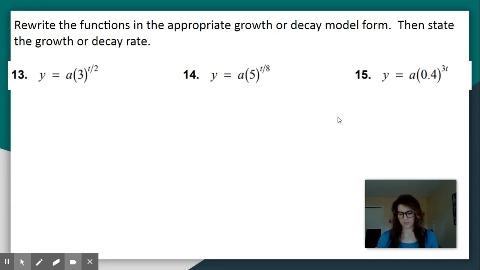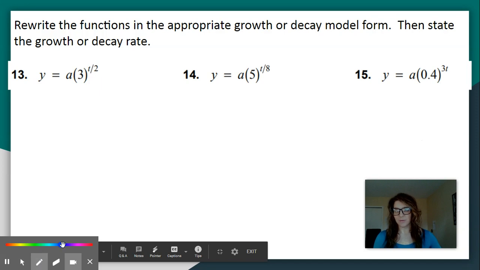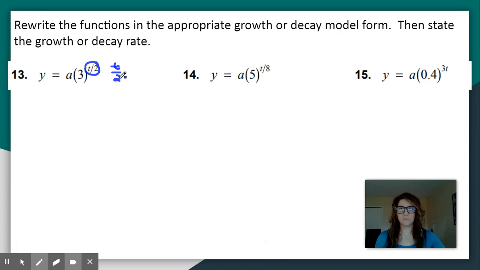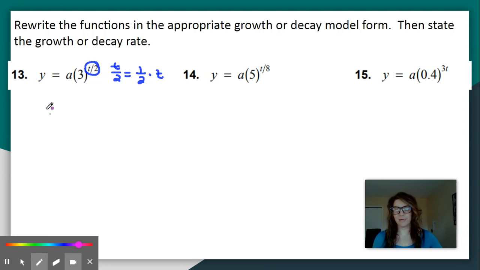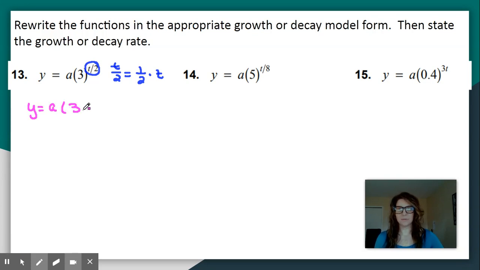So I'm actually going to do this last slide. I'm not going to do the whole thing, maybe just the first and the last one, so you have an example. First thing I'm going to do is take my exponent, t over 2, and split it. That becomes 1/2 times t. Make sure you take them apart. With that 1/2, now I'm going to rewrite my equation. The a is just going to stay there the whole time. We're going to get 3 to the 1/2, and then the t is on the outside.